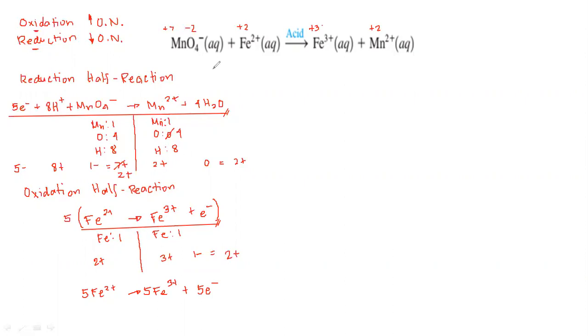Okay, since we already have the balanced reduction half reaction and oxidation half reaction, let's proceed to the fourth step, which is to add the half reactions.